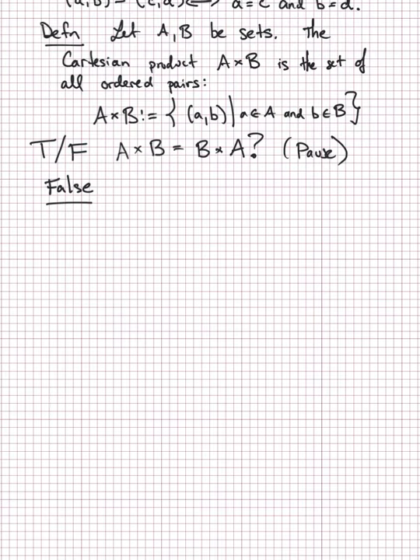Okay, so again, if I want to say something's false, I just come up with a counterexample. I don't know, A can be the set containing 1, B can be, I don't know, the set containing a tree. Just for fun. Okay, and then, well, what's A cross B?